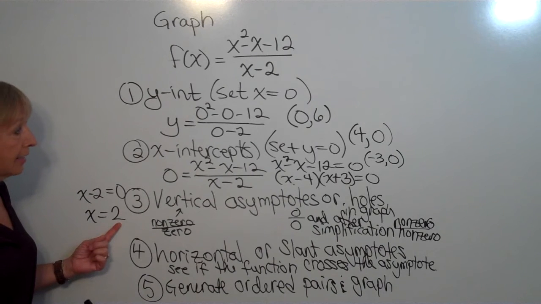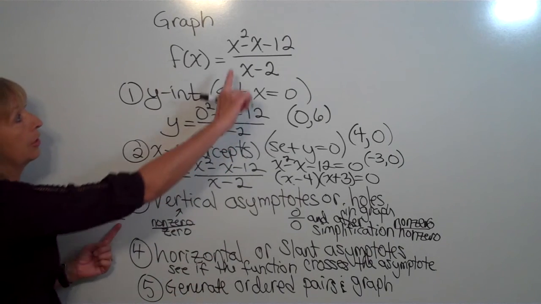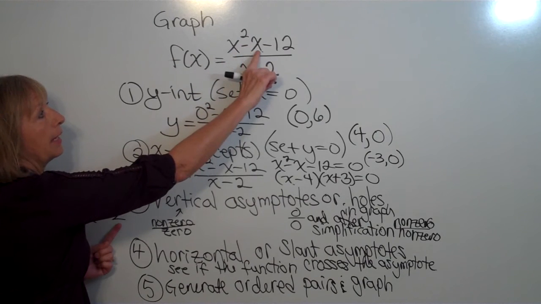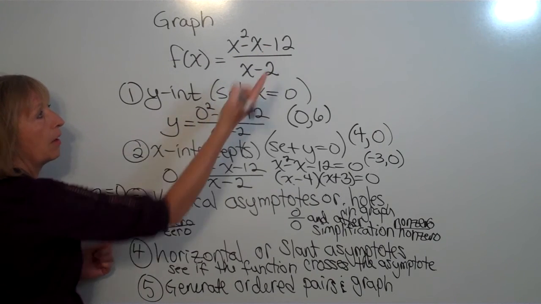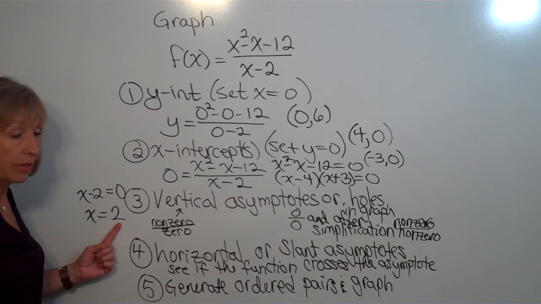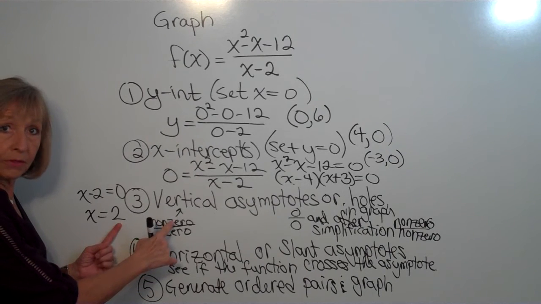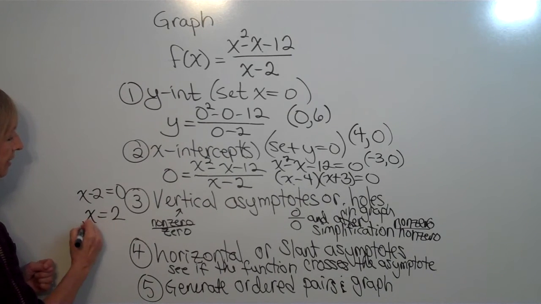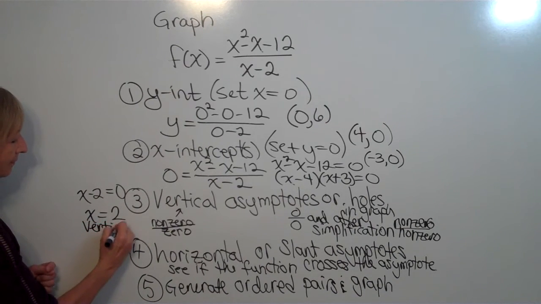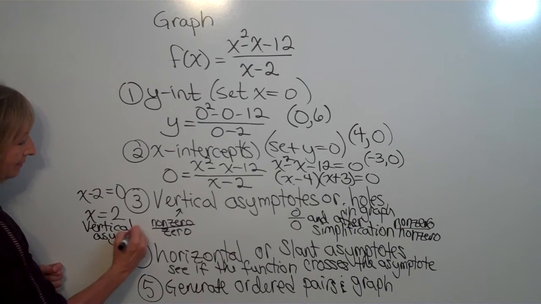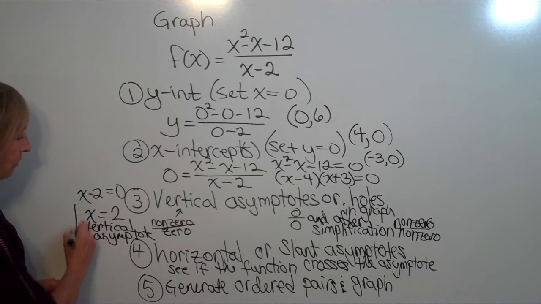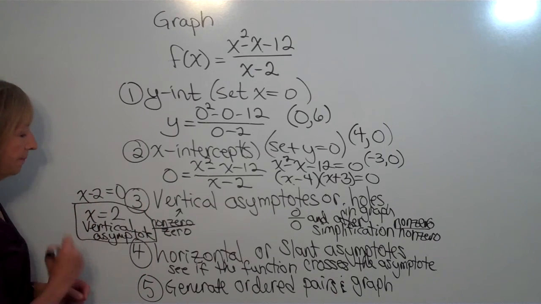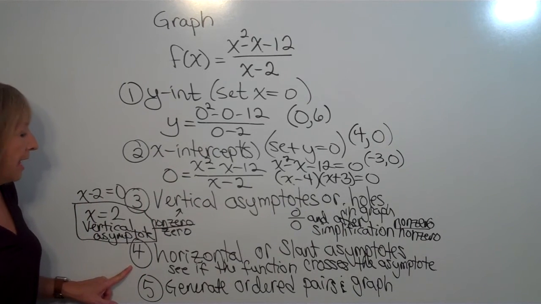And I check, if I put 2 through the numerator, 2 squared is 4, minus 2 is 2, minus 12 is negative 10, not 0. So I have a non-zero number in the numerator and a 0 in the denominator. So my x equals 2 is a vertical asymptote. So keep that information.